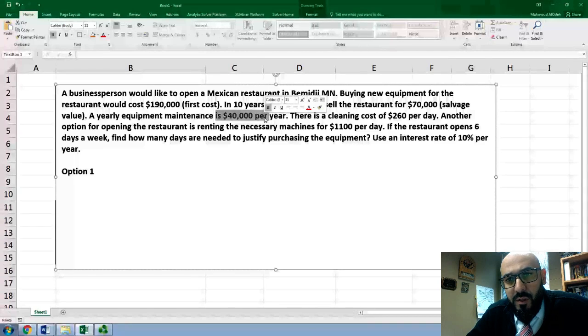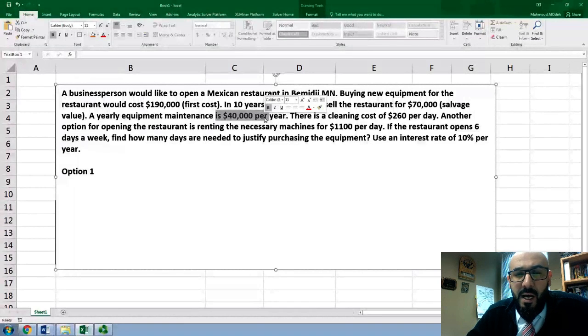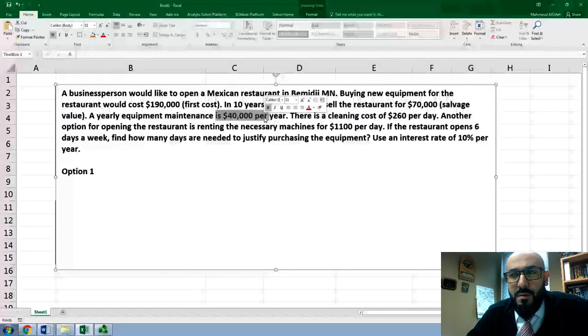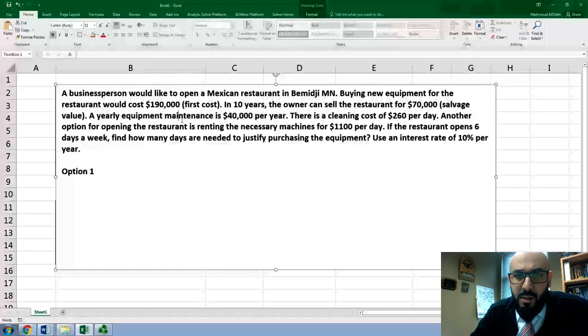The only issue with these costs is that there are 3 different time zones, I would say. One is the present, which is the initial cost. The second is the future, which is the salvage value, and the third, the maintenance cost, is annual. So we need to use one of these timings, and I would recommend the present worth.